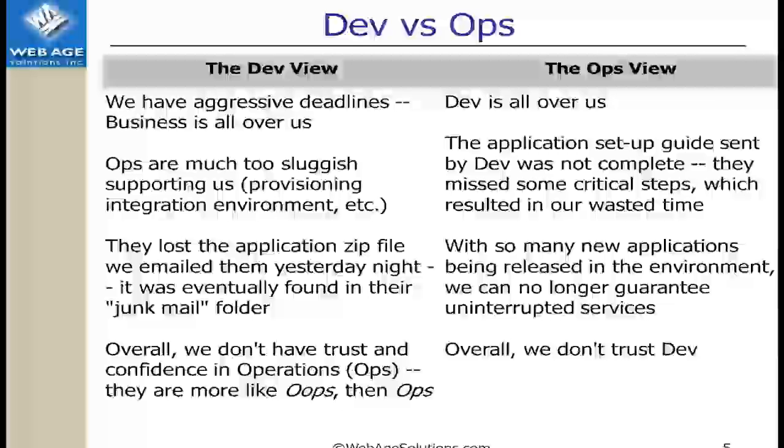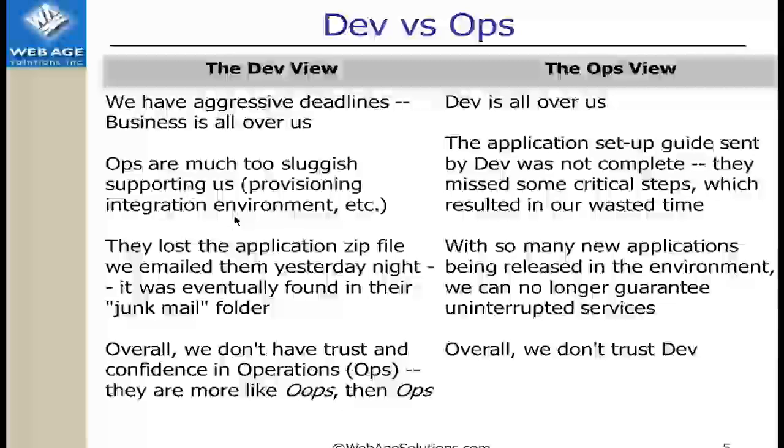So, as I said, it's a little bit blown out of proportion, but this slide is used to just highlight some of the points or dissenting views of the software product that Dev is trying to push out to operations, and operations is only concerned with the integrity and stability of their environment.